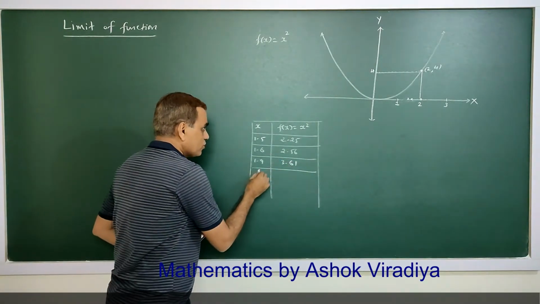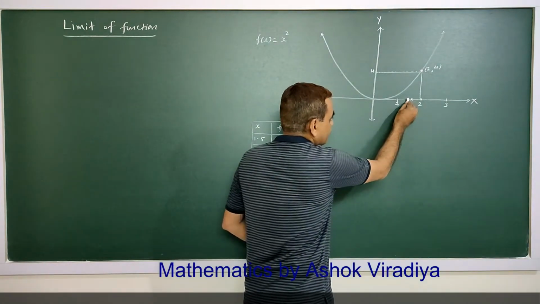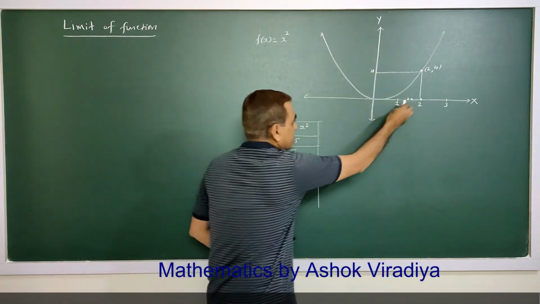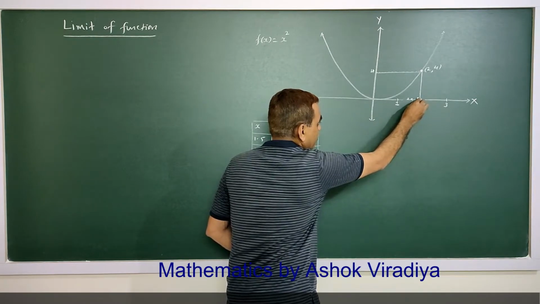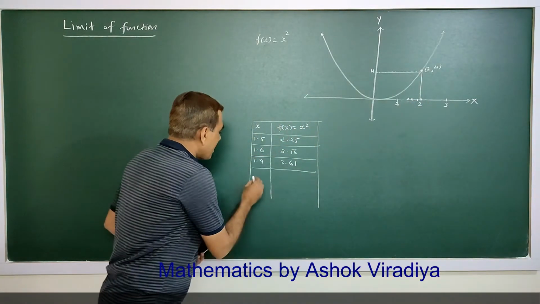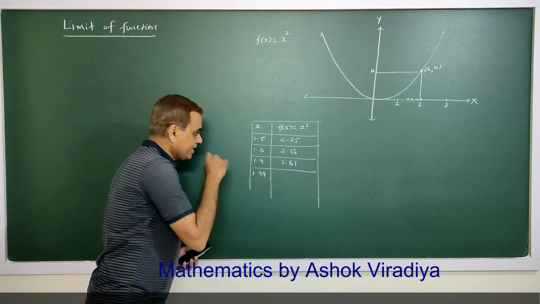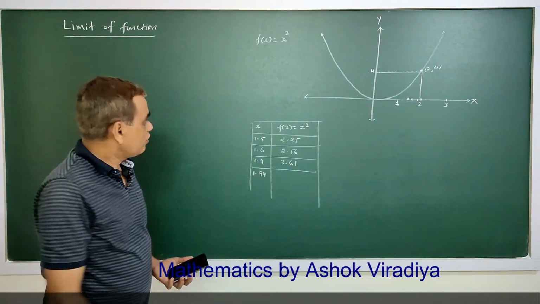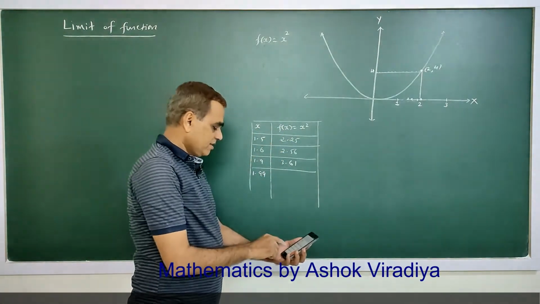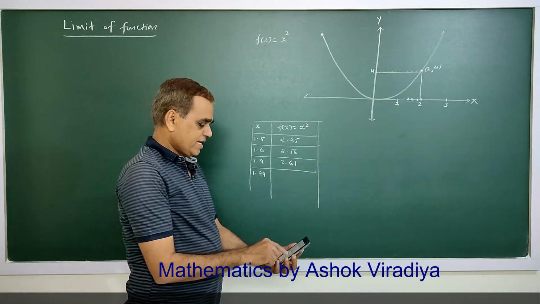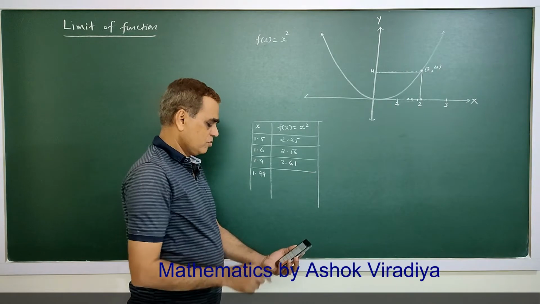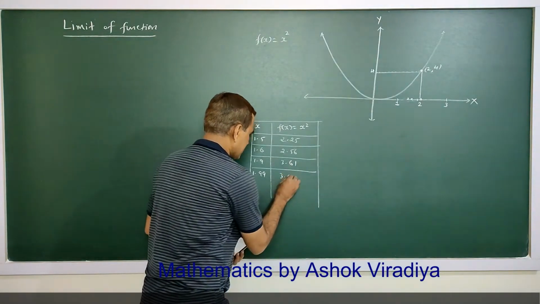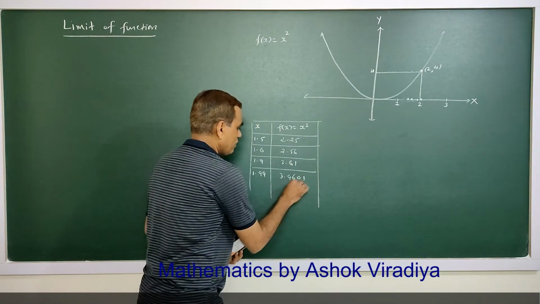Now I am taking 1.99. Putting here 1.99, 1.99 square is equal to 3.9601.